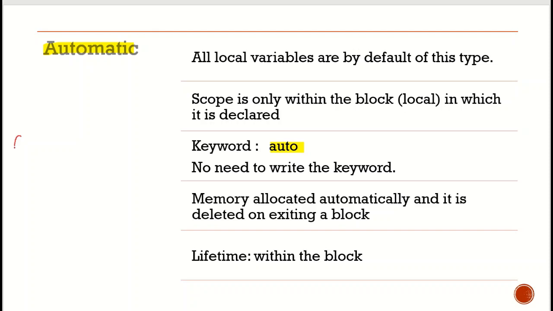For example, auto int I is the same as writing int I. That means there is no need to write the keyword auto. By default it will be automatic type. The memory is allocated automatically and it is deleted on exiting the block. Lifetime is within the block only.